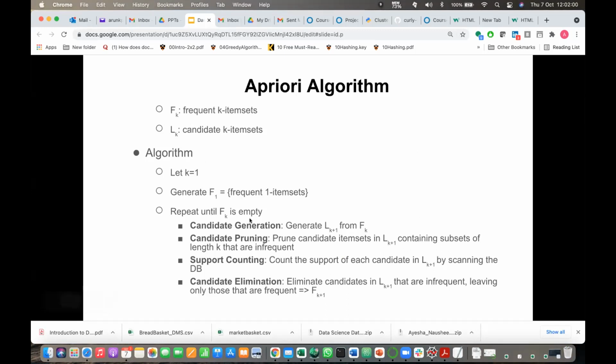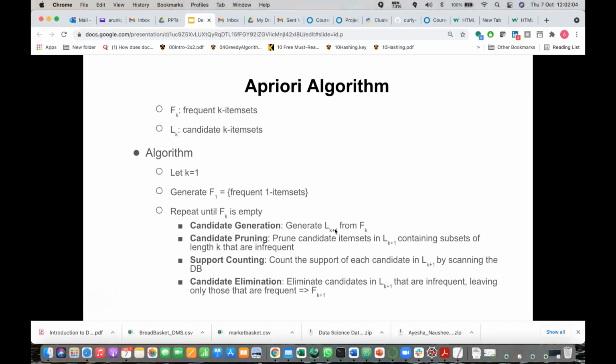Repeat until Fk is empty. Candidate generation: generate Lk plus 1 from Fk, means those which are satisfying our rules. Out of the Fk, they are called Lk plus 1, means going further. Candidate pruning: prune candidate item sets in Lk plus 1 containing subsets of length k that are infrequent.